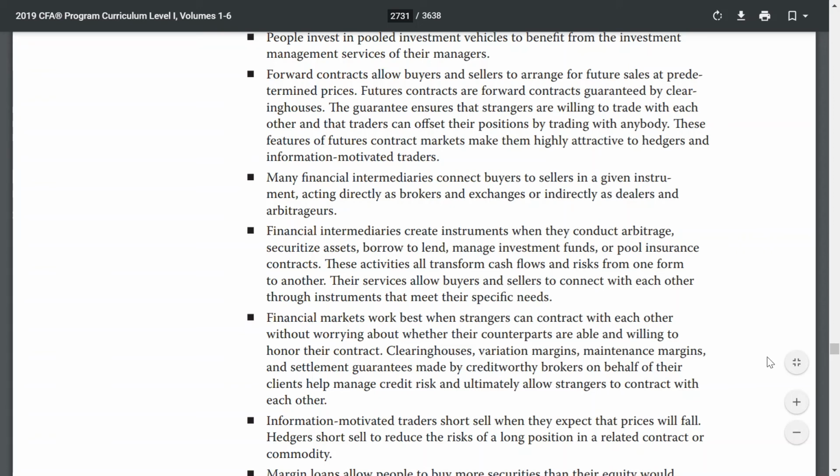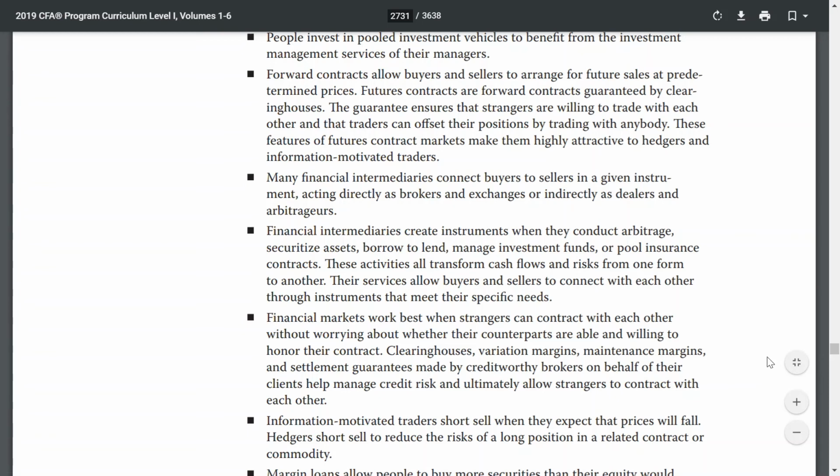Securities firms scrutinize assets, borrow to lend, manage investment funds, or pool insurance contracts. These activities all transform cash flows and risks from one form to another. Their services allow buyers and sellers to connect with each other through investments that meet their specific needs.